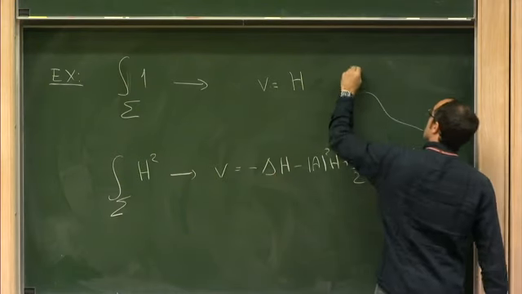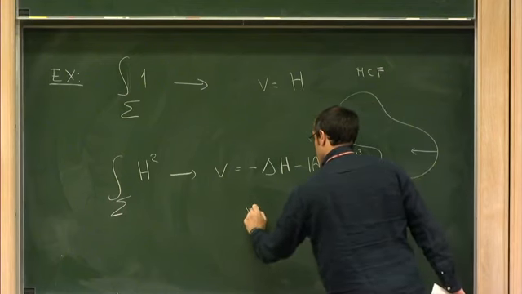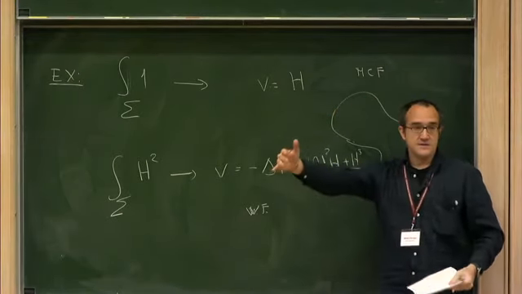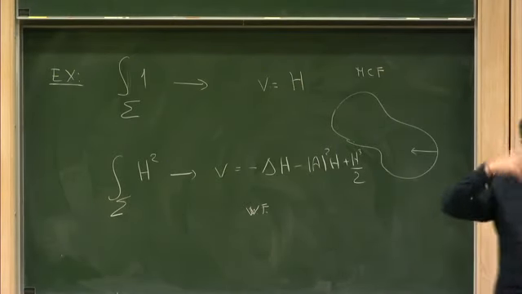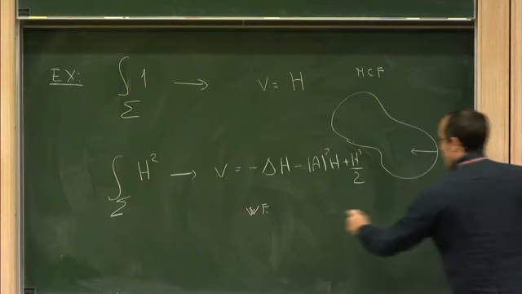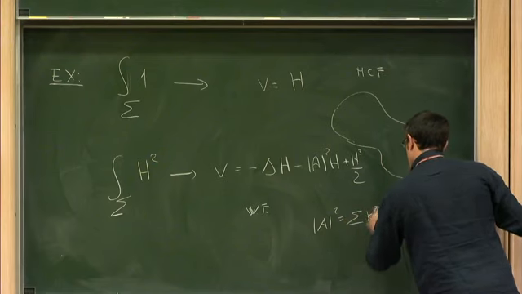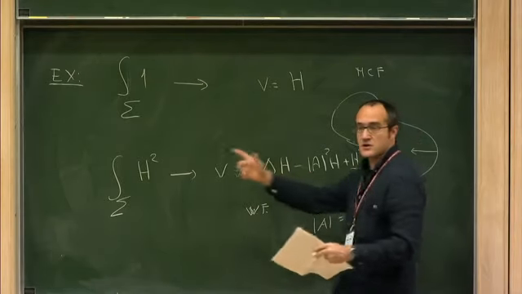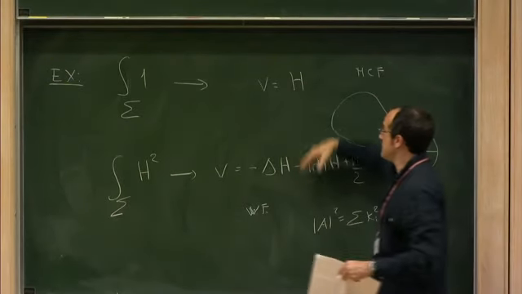So this is the mean curvature flow, and this is the Willmore flow or elastic flow, where the Laplacian is the Laplacian on the surface of the mean curvature, and this A squared is the total second fundamental form. So A squared here is the sum of kappa_i squared. In particular for curves, this is also known as elastic flow, and it has been studied quite a bit.